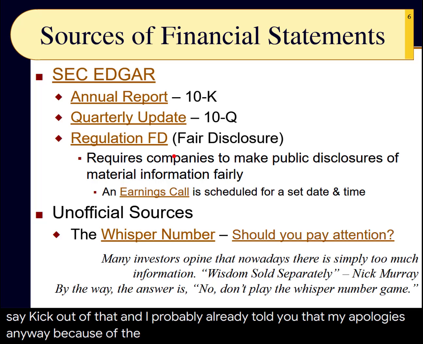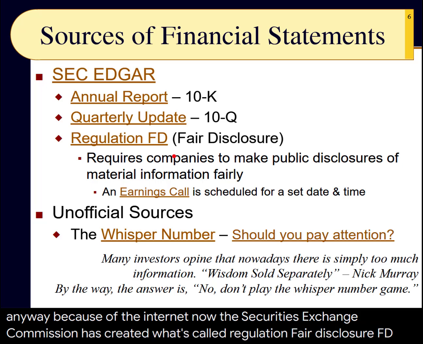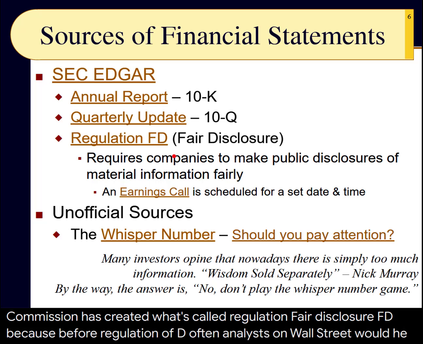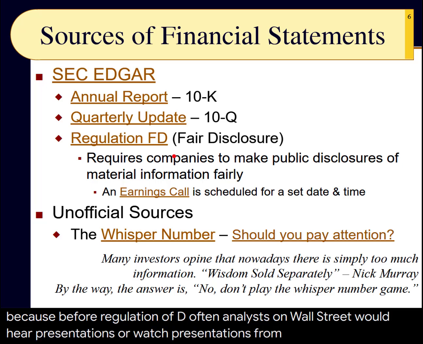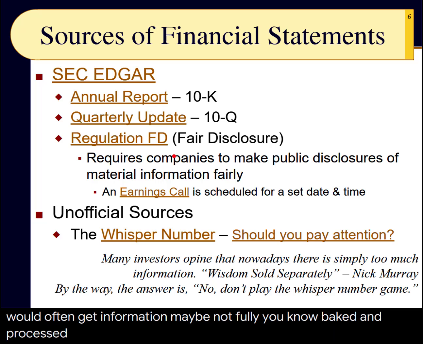because of the internet now, the Securities and Exchange Commission has created what's called Regulation Fair Disclosure, FD. Because before Regulation FD, often analysts on Wall Street would hear or watch presentations from companies, and they would often get information, maybe not fully baked and processed, but often get information before the general public would.